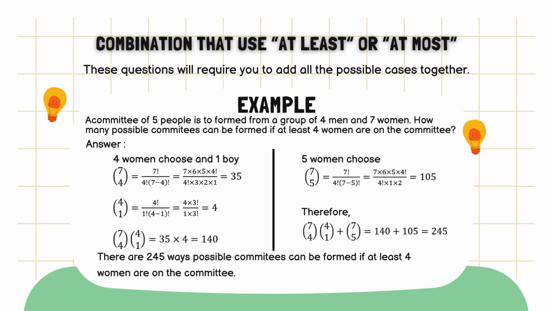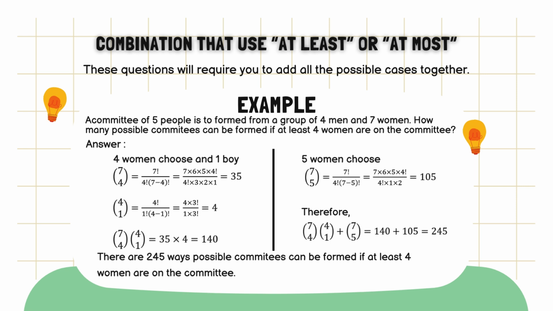The answer is, there are two possible ways. First, 4 women and one man, or all members are women. For 4 women and one man, it is combination 7 choose 4 and combination 4 choose 1. Combination 7 choose 4 is 35 and combination 4 choose 1 is 4. So 35 times 4 is 140.